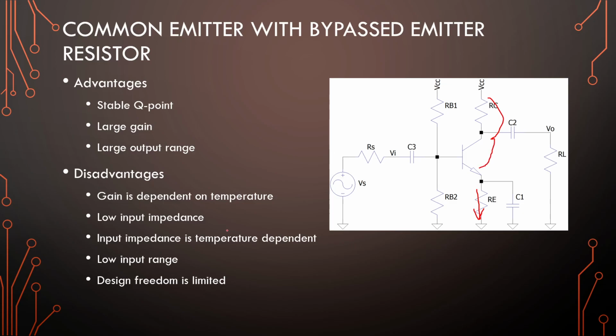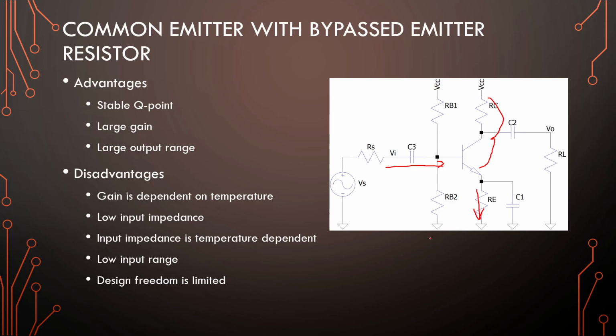The disadvantages though is that the gain is temperature dependent. It has a very low input impedance depending on your RPi, so your biasing current. Its input impedance is temperature dependent because RPi is beta over GM. And then your design freedom is very limited.